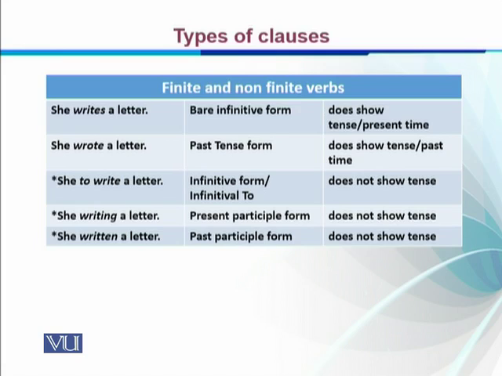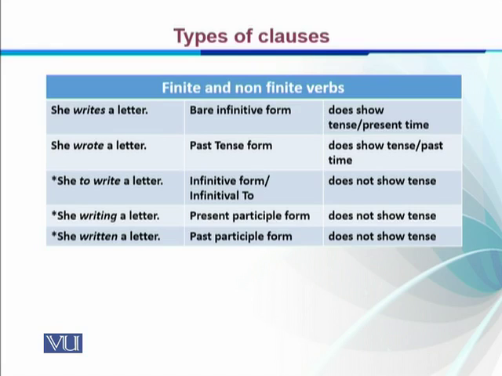And similarly, she written a letter. Written is a past participle and does not show time unless we use some time marker such as she has, she had, she will have. So remember that these three forms of the verb are non-finite forms, and the first two are the finite forms of the verb. They are restricted with time.